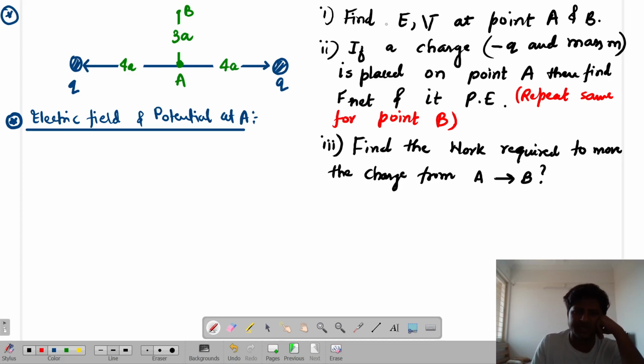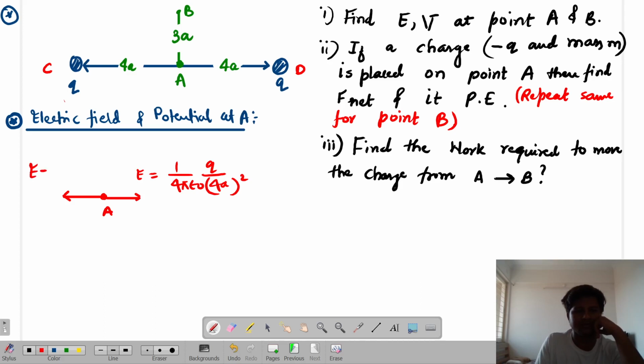Look over here. When I consider the electric field and potential at point A, let's suppose this is my charge C and this is charge D. The electric field will be towards this side due to charge C, and due to charge D the electric field will be towards this side. Each will be 1 by 4 pi epsilon naught Q by (4a) square.